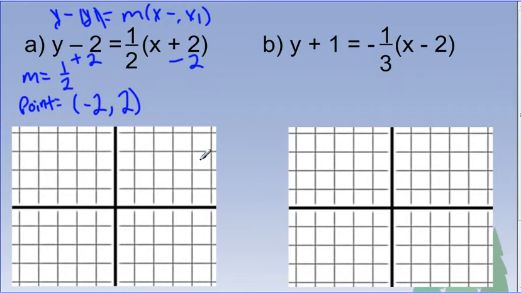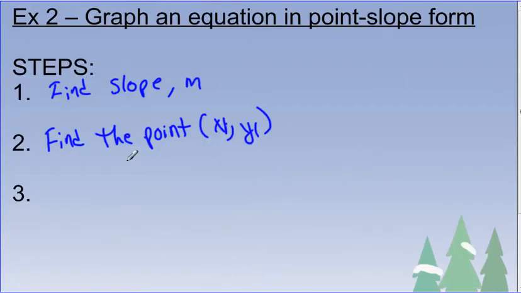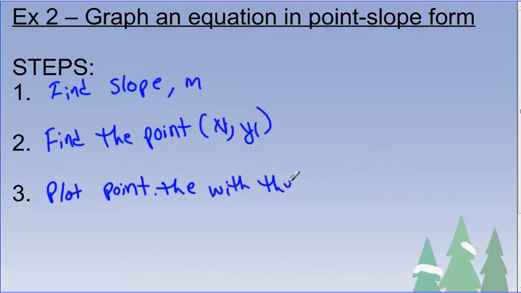So now that we have our point and we have our slope, how do we graph this thing? Well, you start by plotting the point, then move the way the slope tells you to move. Plot the point, then move with the slope.